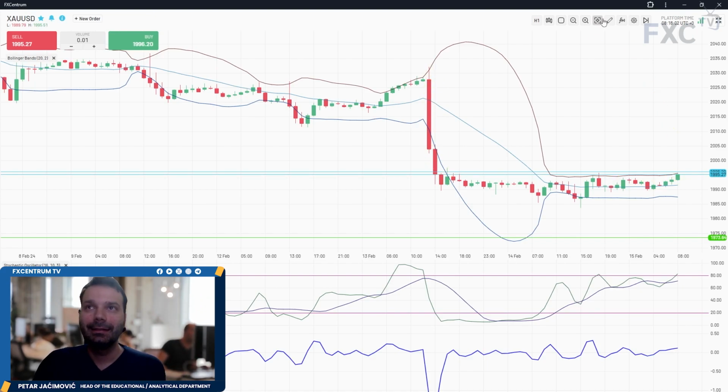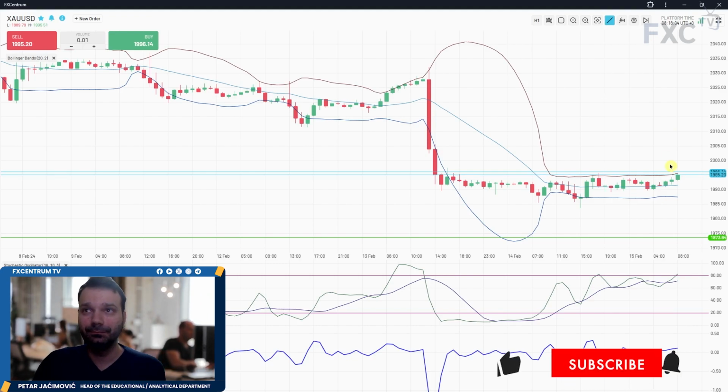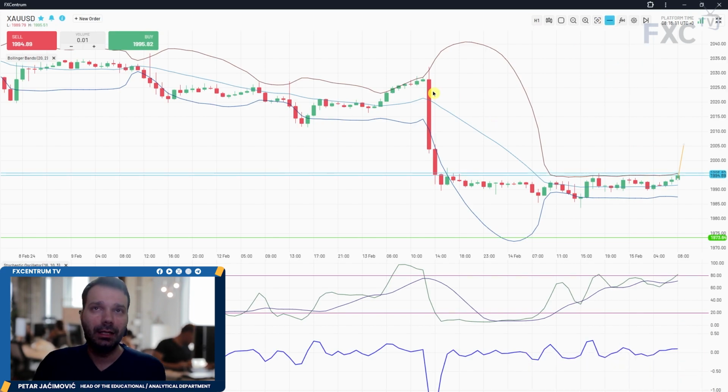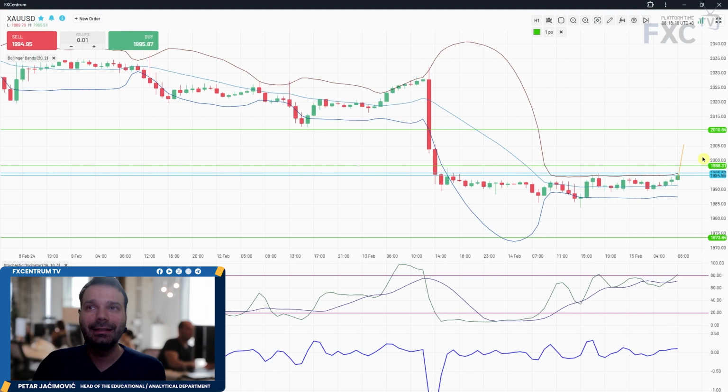If the market tries to attack that zone, which is starting from 2010 towards 1998, and we see some bigger rejection, there is a chance for the market to go even further downside, continuing from that zone.